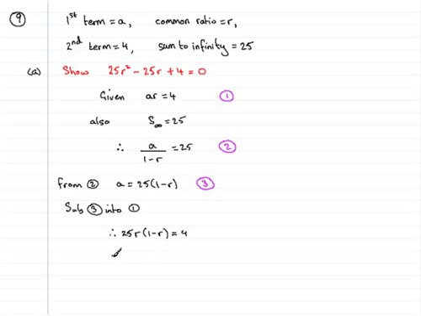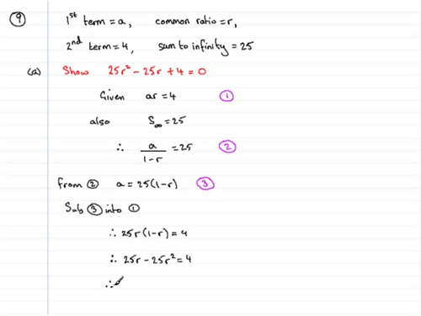So expand the bracket out and we get 25r minus 25r squared equals the 4. So it's starting to take shape now. I can see it's looking very similar to what we've got to show. Looking at that, I can see that we've got a plus 25r squared, then a minus 25r. That would seem to suggest that I ought to multiply both sides by minus 1.